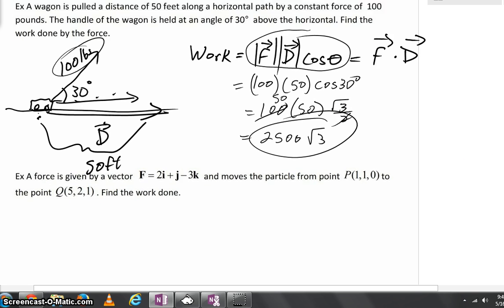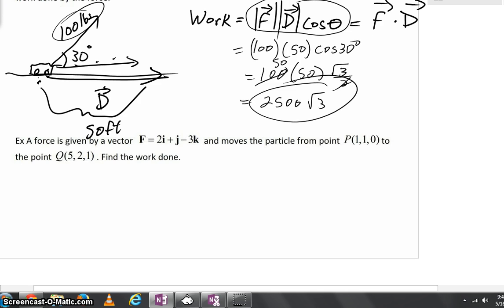Wrapping up, in our very last scenario, we can say, what if work is given by a vector 2i plus j minus 3k, and it moves a particle from point P (1, 1, 0) to point Q (5, 2, 1). Find the work done.